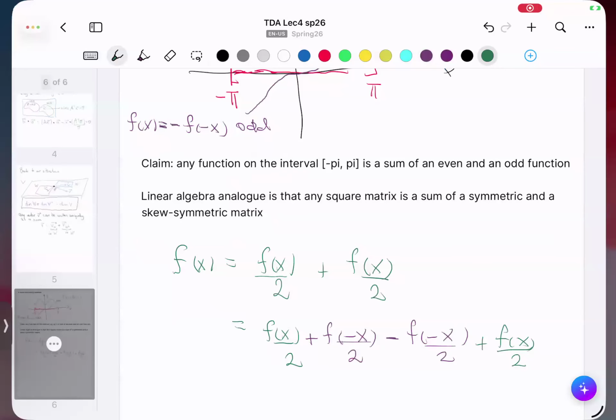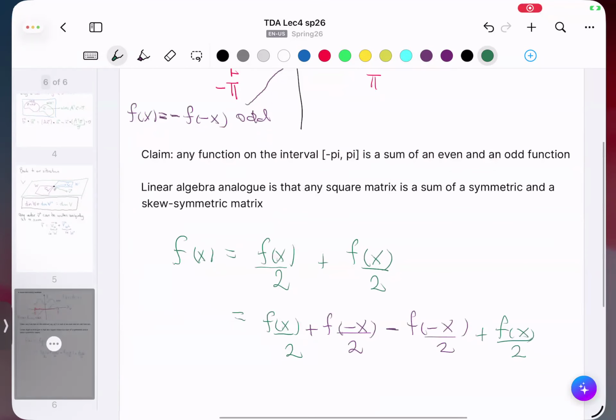But what happens here? This is kind of like 1/2. Let me see if I can collect terms.